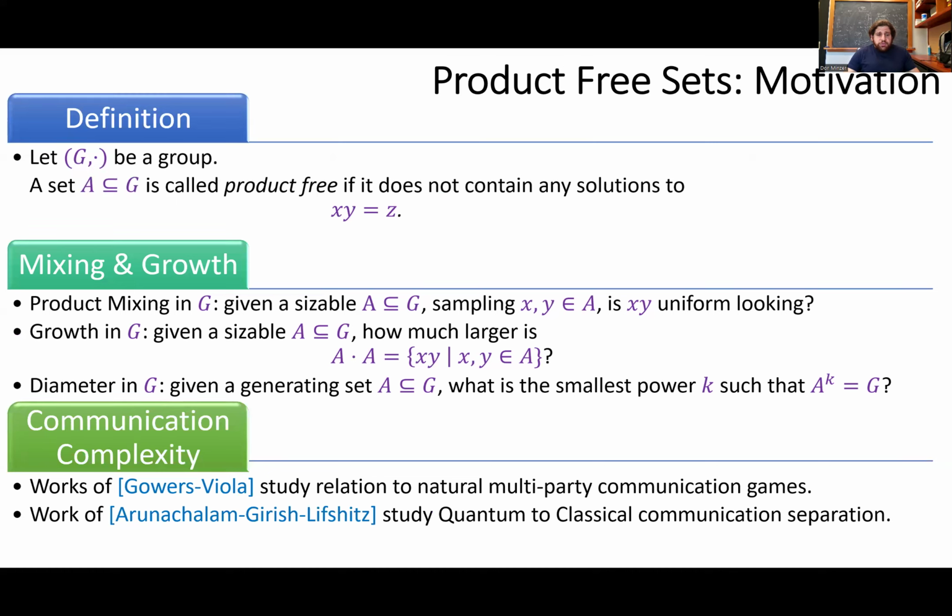And secondly, there is the work of Aaronson, Chailloux, Girish, and Lifshitz that uses tools that we also use, namely product mixing and stuff like that, to show separation between classical and quantum communication complexity in some specific model of communication.